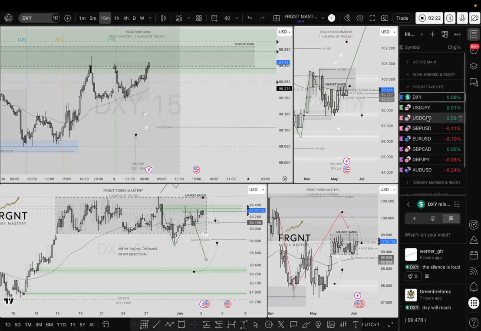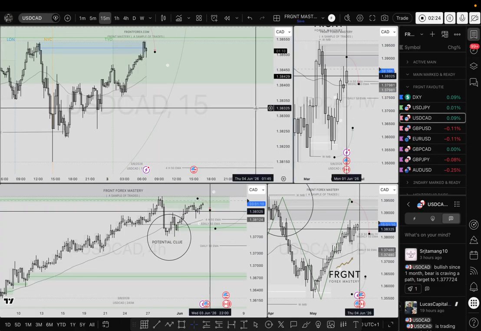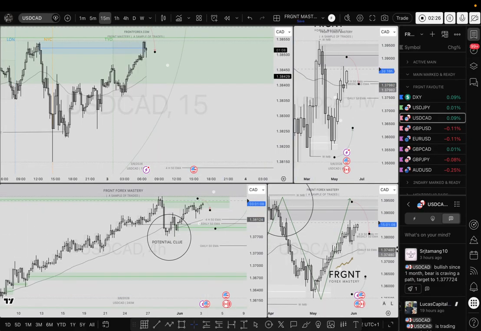That's why if we head to US dollar CAD, we can see similarly US dollar CAD hasn't quite yet. In fact, it's tapped into the weekly order block, but we don't trade from weekly order blocks. Therefore, if price is looking to just tap into the weekly order block, I'm going to need to see some price development first and foremost coming out of that, because as I've said, I cannot trade from a weekly order block.